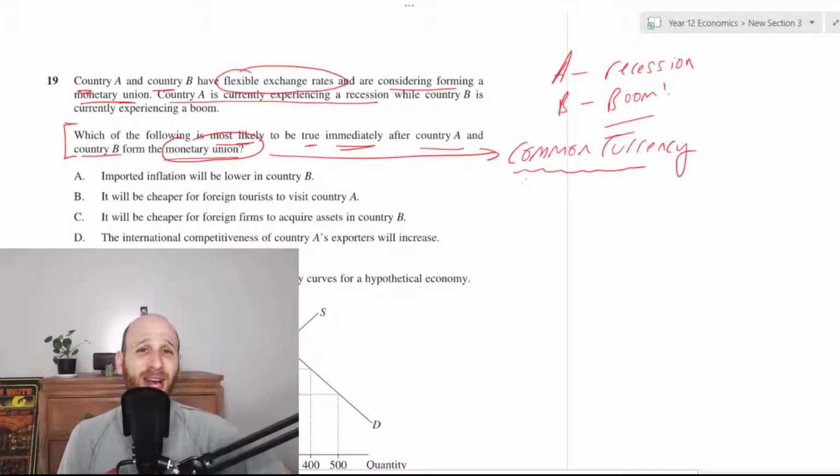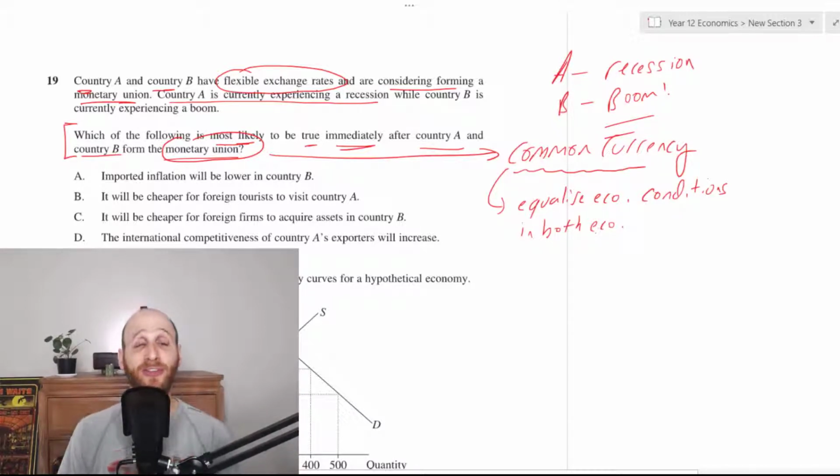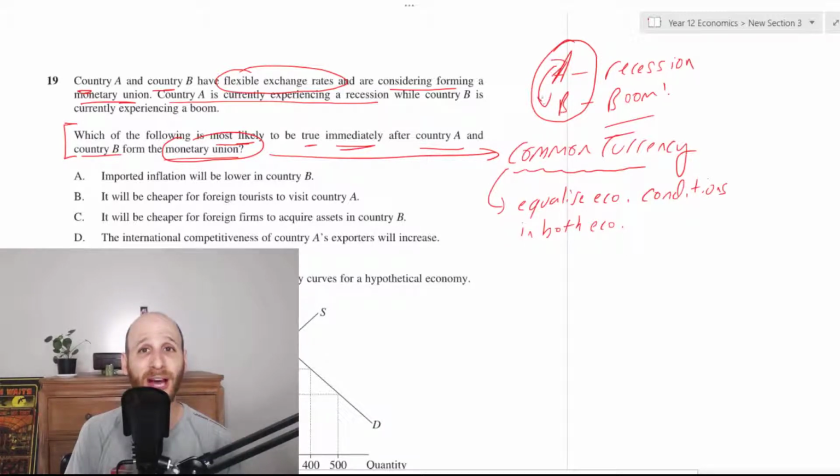So the idea, I think, of this question is that this will equalize economic conditions in both economies, that they have the same currency. So if you're booming, that's going to come down a little. If you are in a recession, that's going to come up a little, because now these 2 economies are linked by this common currency.